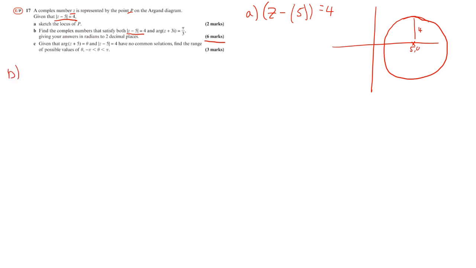So the complex number that will satisfy this will lie on the circumference, and we also want to find arg z plus 3. So let's do this. So arg z, and we want minus 3i equals pi over 3.